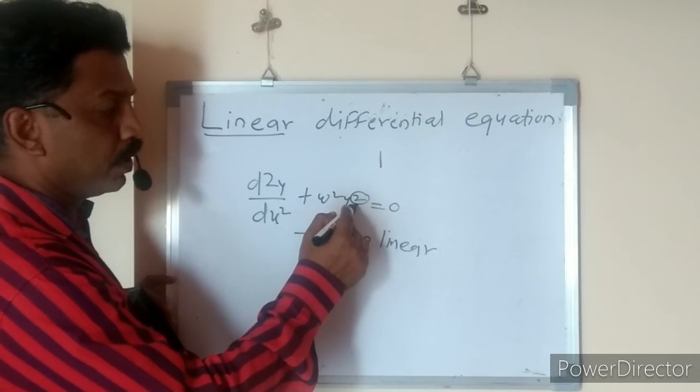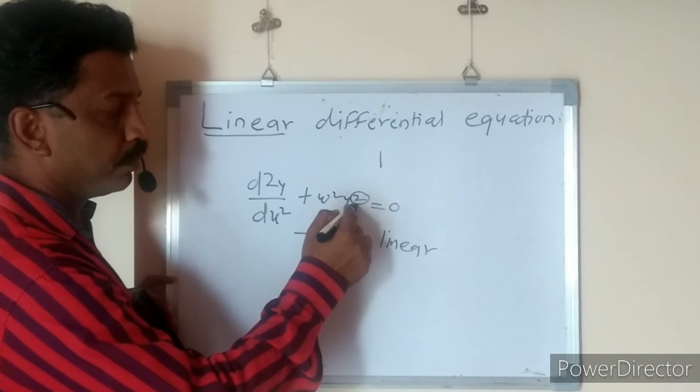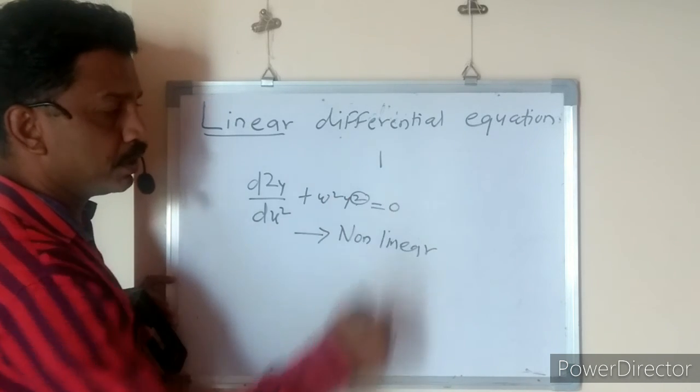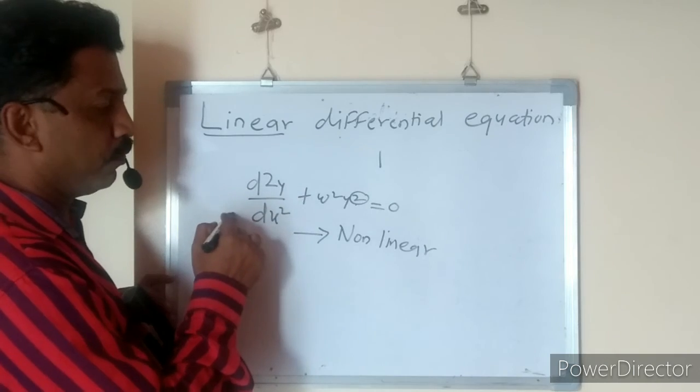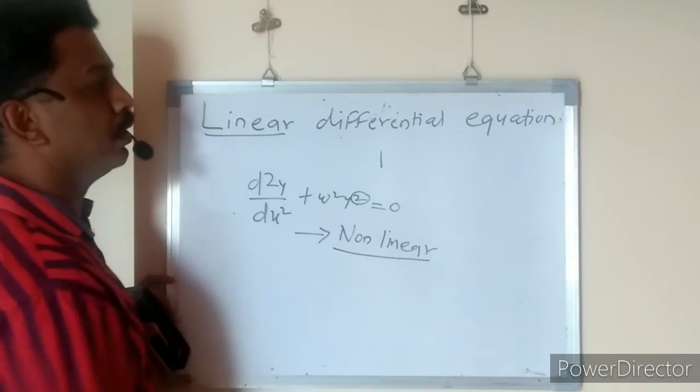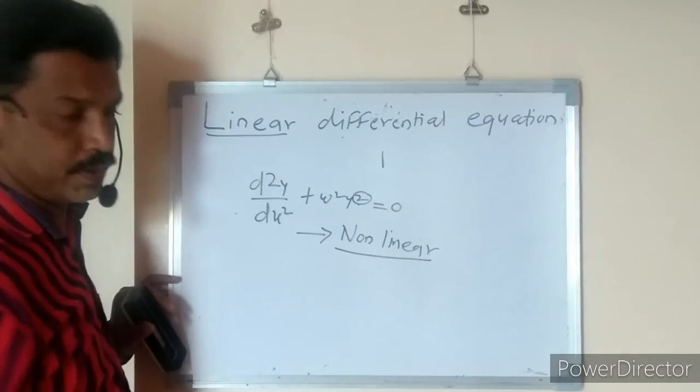Here the power of one dependent variable is 2, therefore such type of equation is known as a non-linear differential equation.